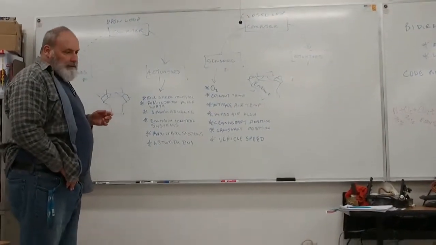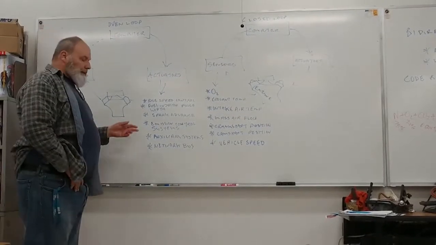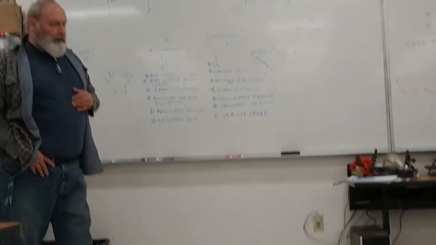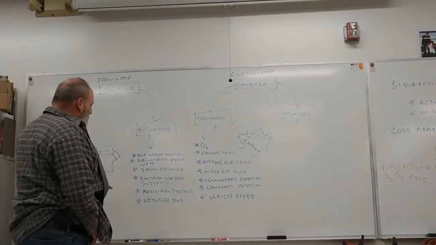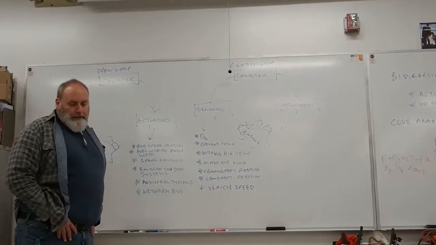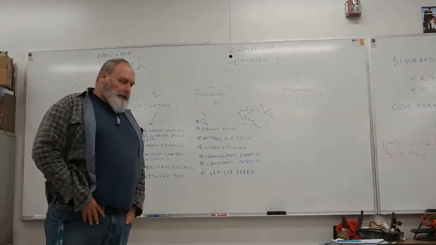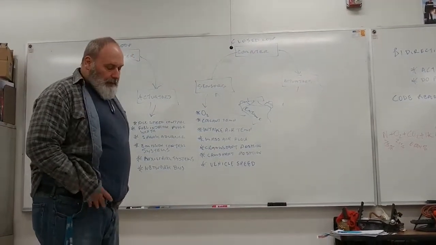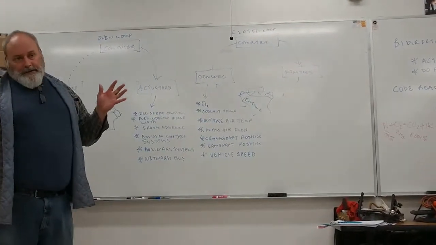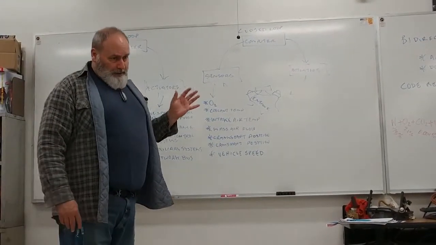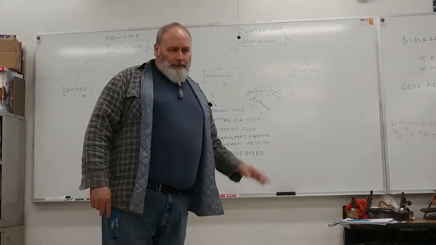The emission control systems, of course. The auxiliary systems like the fans and other important systems like that. And the network bus, which is putting out all this information about what the computer is doing onto the network so that other computers know what to do with it, such as the transmission control module and body control module.